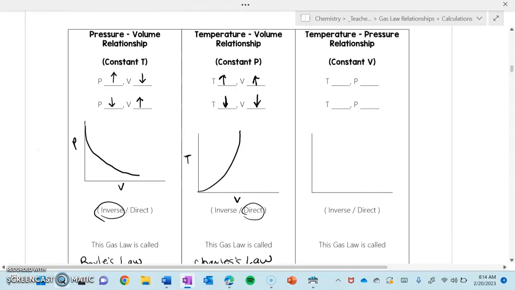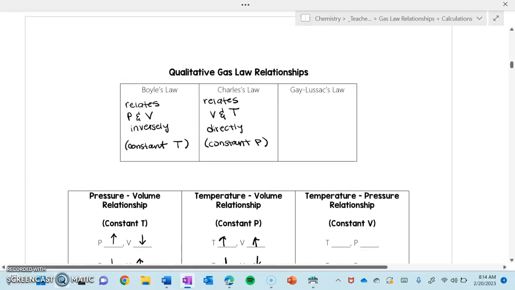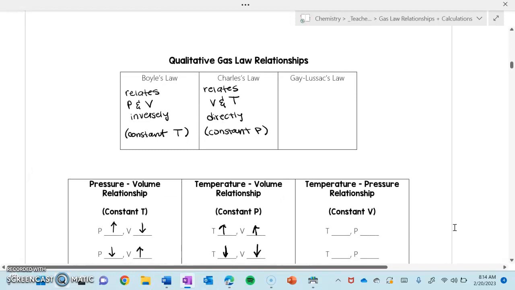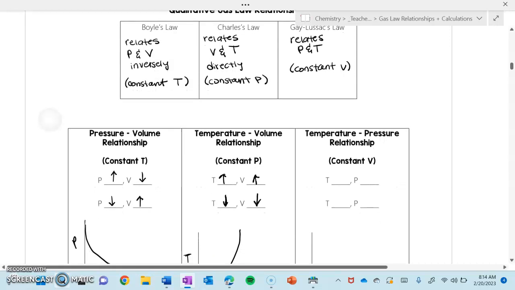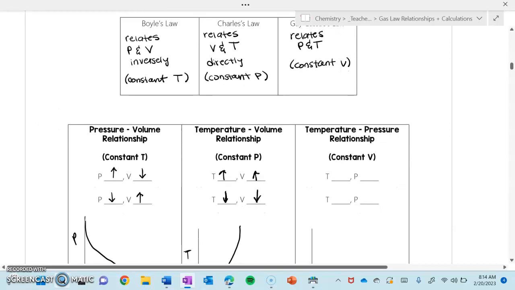Temperature and volume. The third one is Gay-Lussac's law, or sometimes I just call it GL law. And this one relates pressure and temperature. That one has constant volume. As we just saw with Charles' law, temperature is related to volume as well.